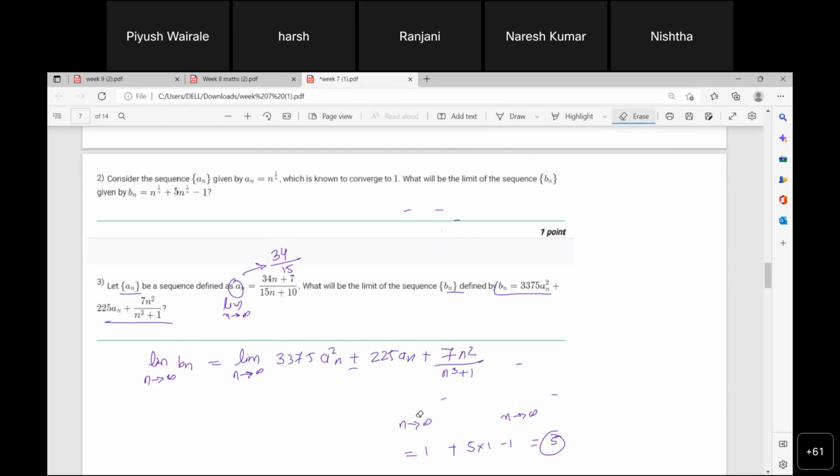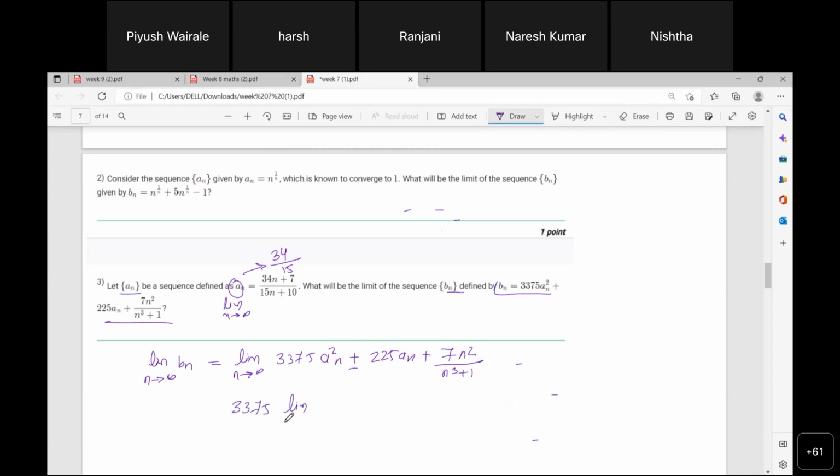Tell me how to solve this limit. Anyone? I can take the constants outside, right?